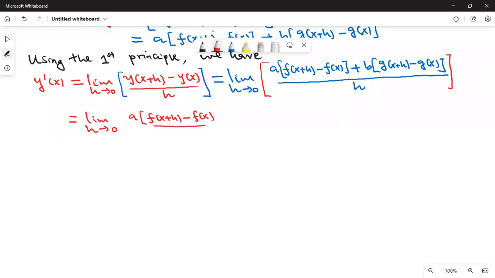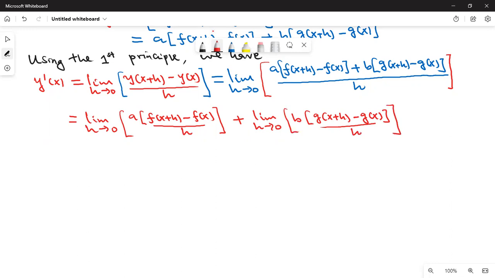This you divide by h. Then we are adding this to another limit as h approaches 0 of b times g of x plus h minus g of x. This is over h.